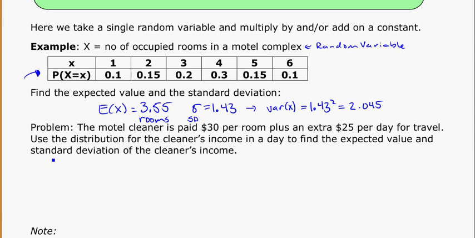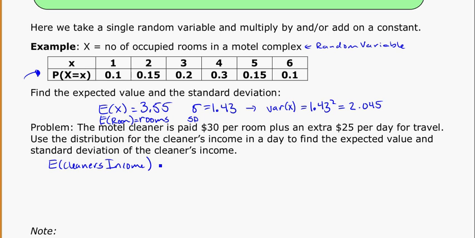So I'm trying to calculate something new here. This is for the rooms, but what I want to do is find something for the cleaner's income. So this is something new. If you want to think about that, that's E of rooms, if you want to put in words instead of just variables to look at.